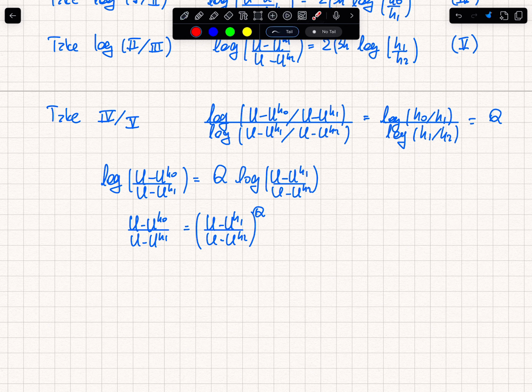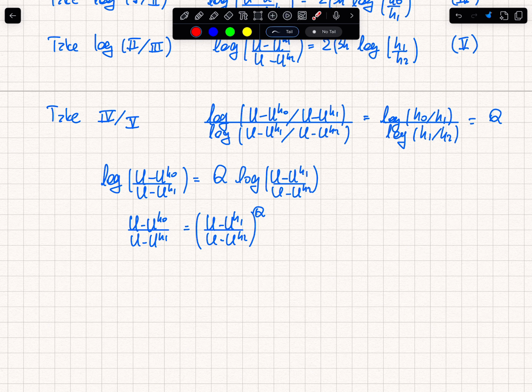So given quantities UH0, UH1, UH2, then Q, which is something that we know because we can compute Q by looking at the finite element mesh sizes that we chose, we just have one equation with one unknown, and we can solve for U.